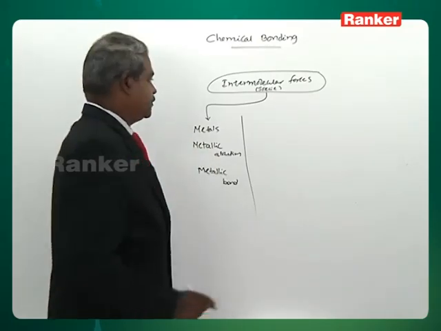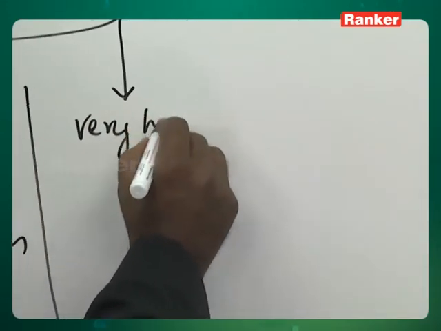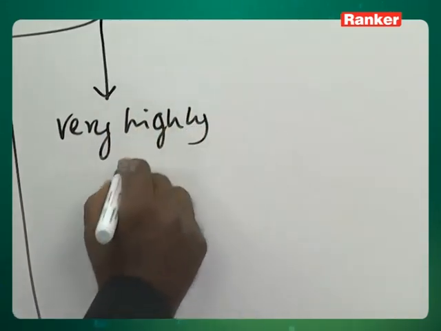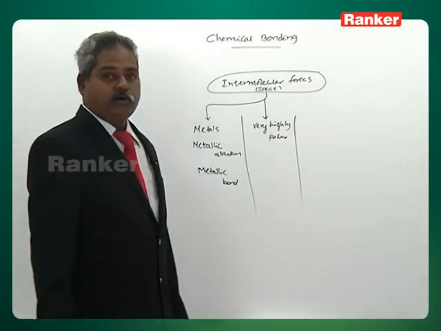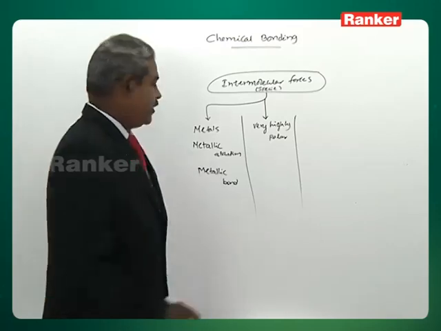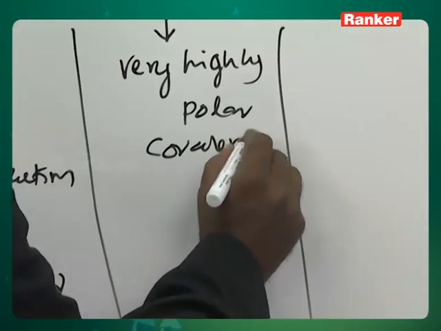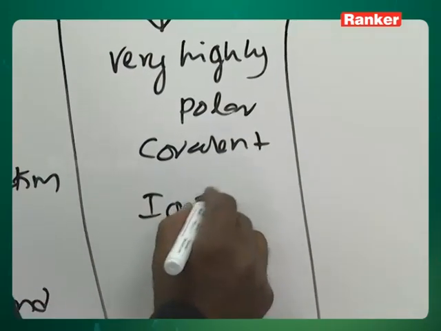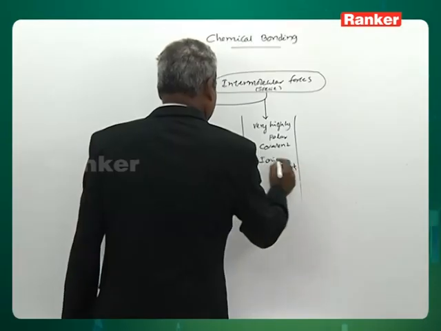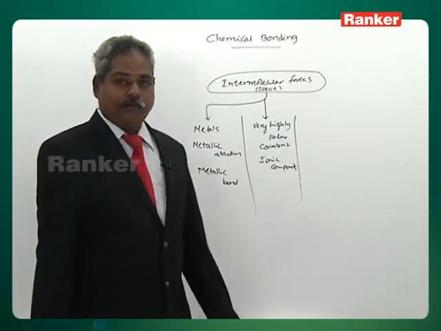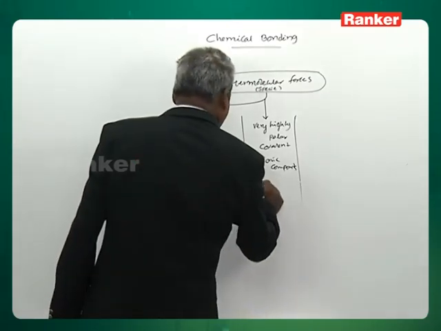So, metallic bond and very highly polar substances. What are very highly polar covalent substances? As we were defining, very highly polar substances are ionic compounds. In ionic compounds, the attractions are very, very highly polar in nature, and the bond is called ionic bond.